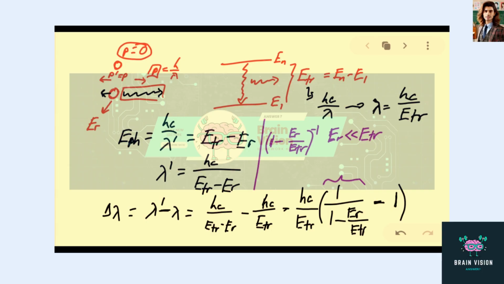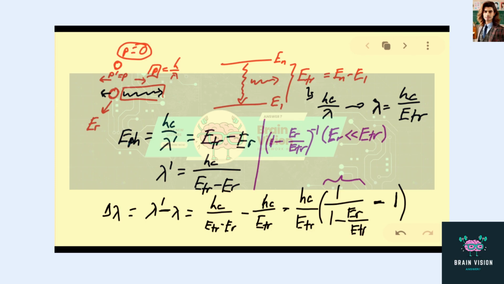So its kinetic energy, which is p squared over 2m, is actually very small because of the very small momentum of the photon. Therefore, this is an assumption that we always make.